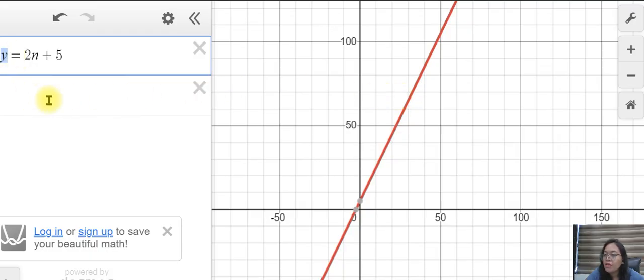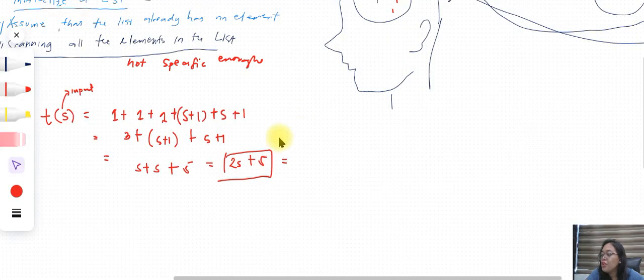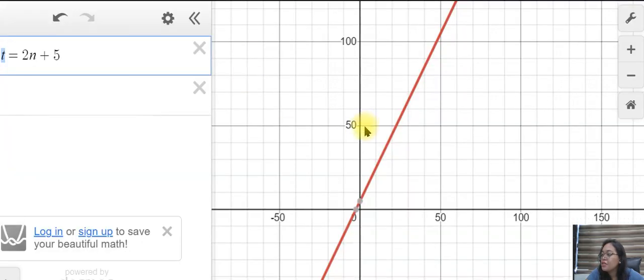So if y is your time of execution and n is your number of input, it means that as your input gets bigger, your time for execution gets bigger as well. So this is how you look into that. This is the graph of the runtime in finding the sum of your list.